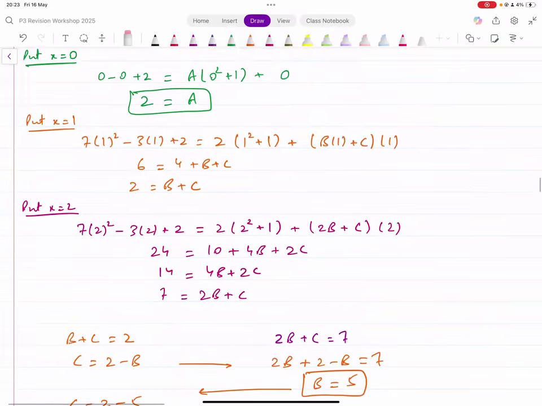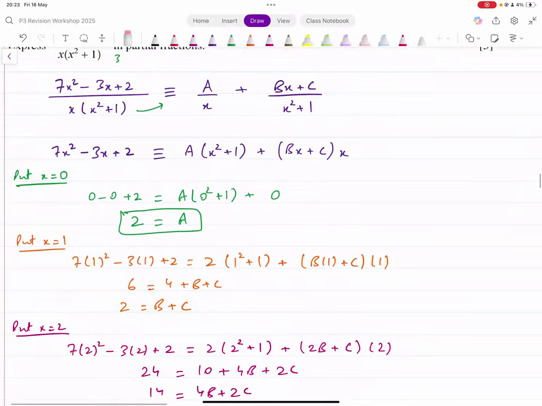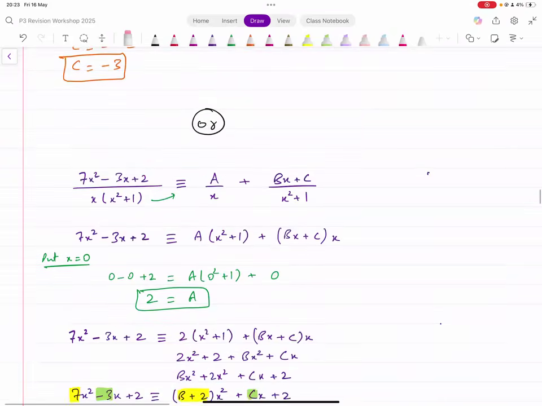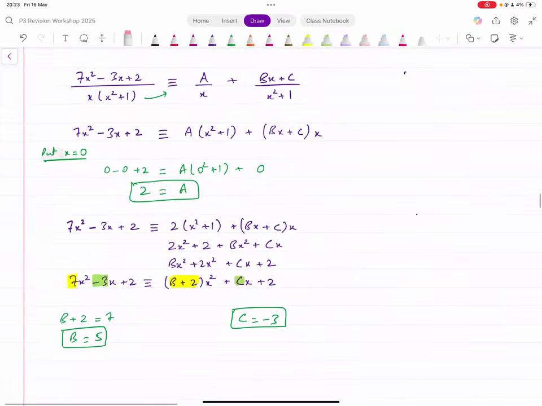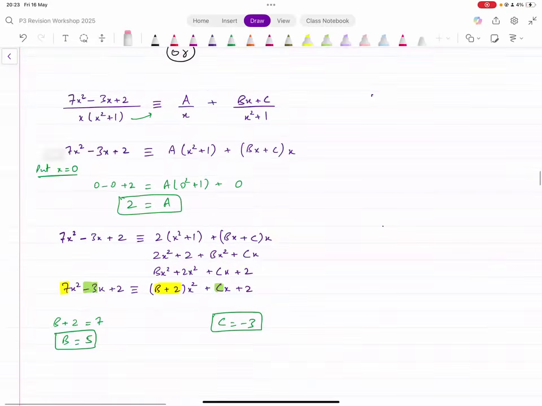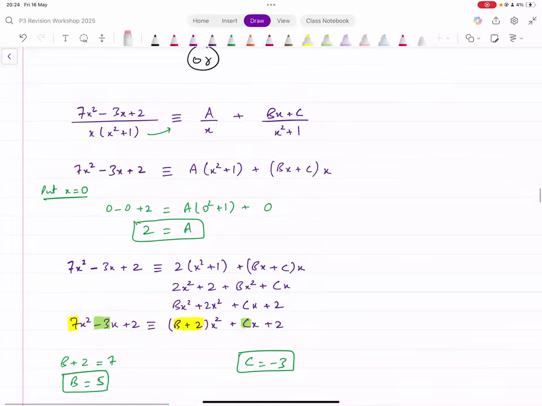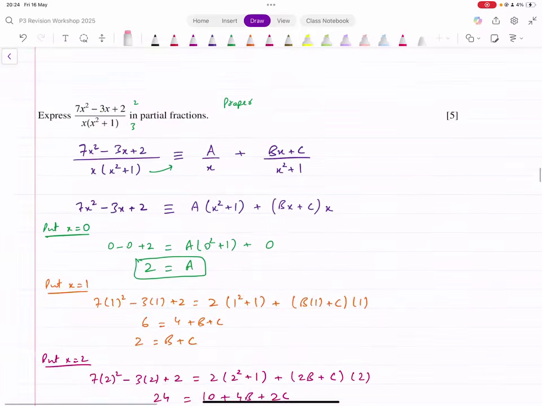In that case, you stop at this point, and from this point onward, you do comparison instead, and that will make it a bit more efficient. Otherwise, in general, this is not as efficient as the other method. You will have to solve simultaneous equations in most cases while you're doing comparison. So it's better to use that method where we input values of x like this.